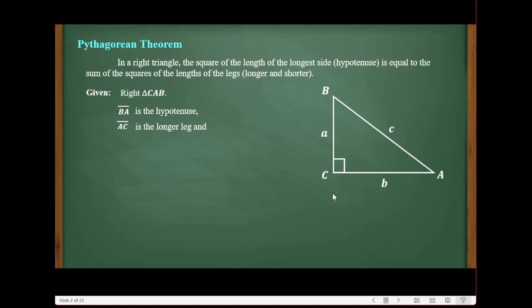Segment AC is the longer leg, and the other leg, the shorter one, segment BC, is of course the shorter leg. So basically, the right triangle has one hypotenuse and two legs, the longer and the shorter one.